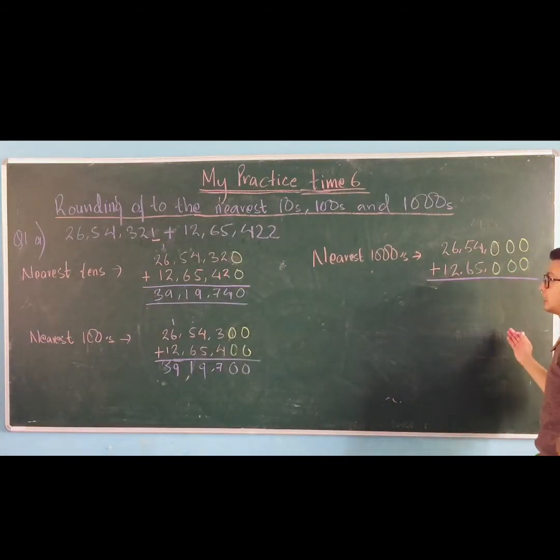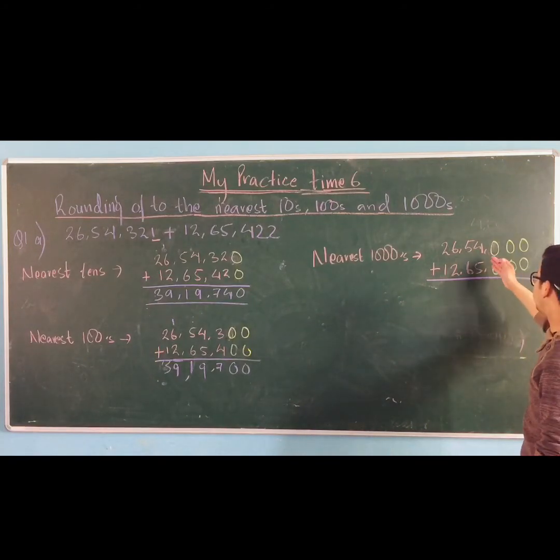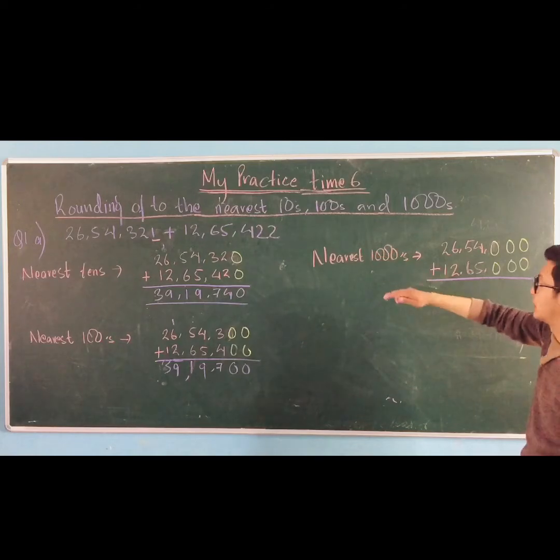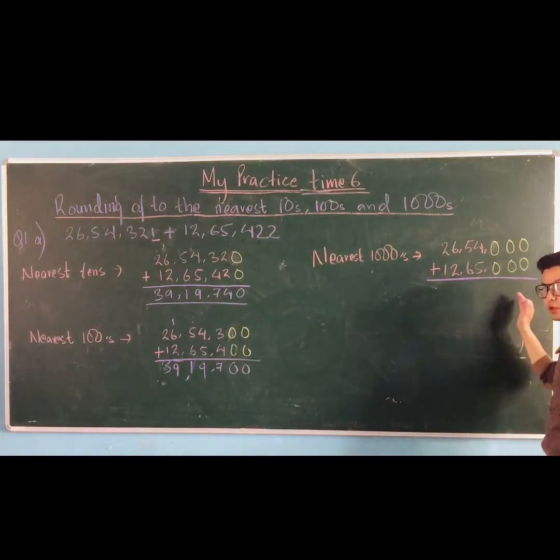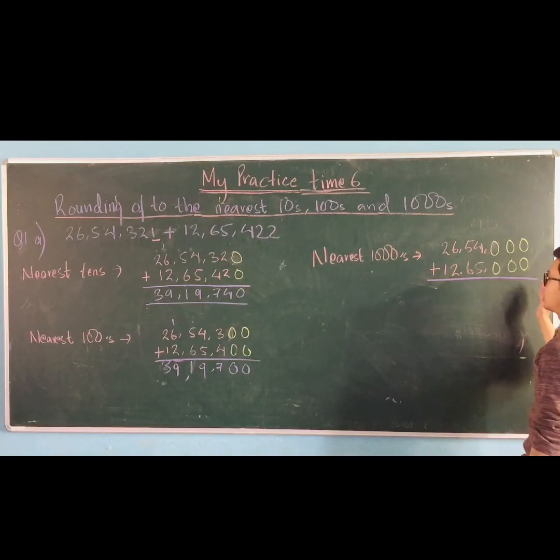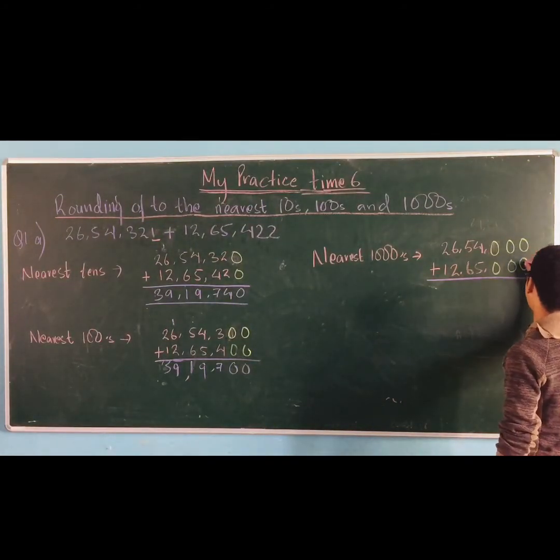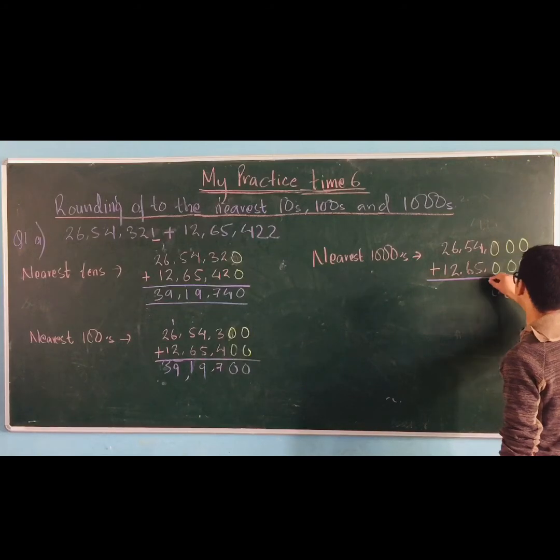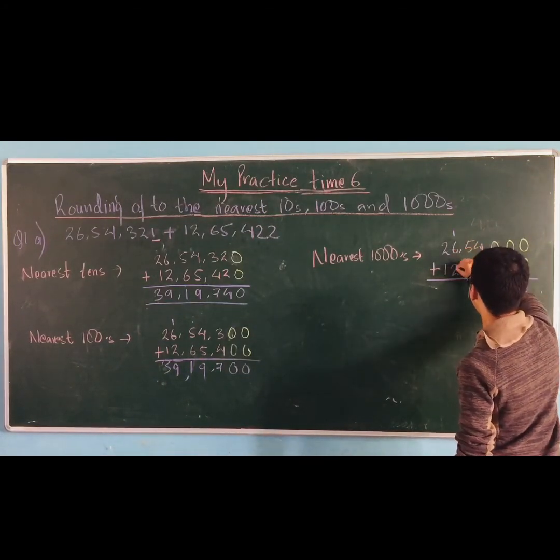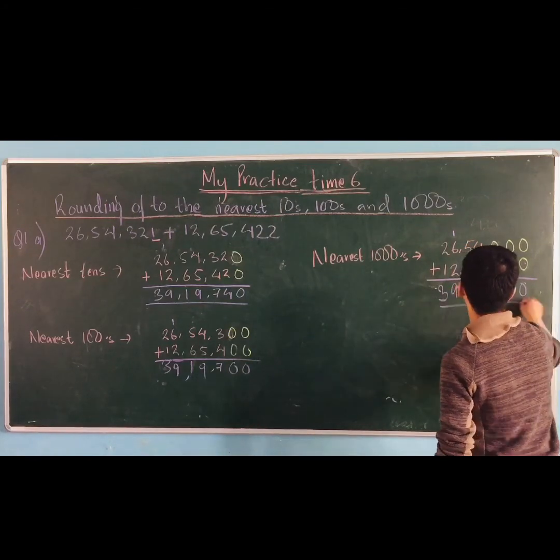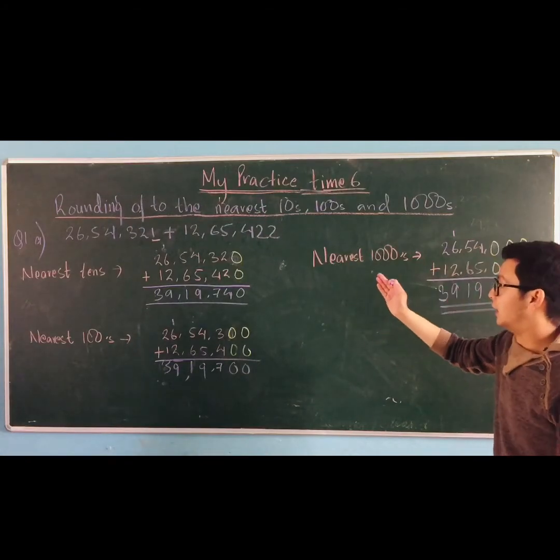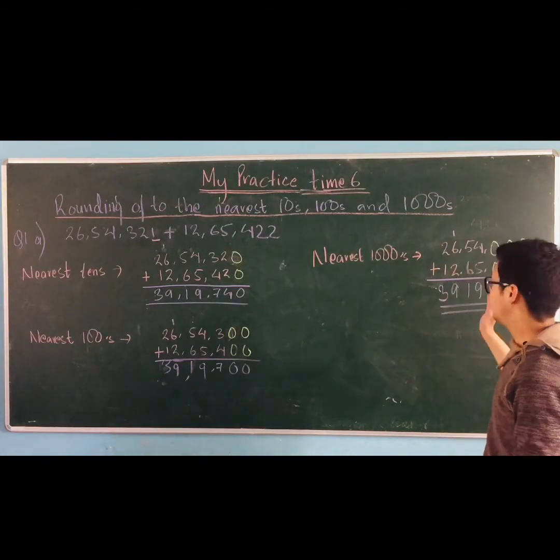So 3 is obviously less than 5, which means it will change into 0, and in this case 4 is less than 5, which will also change the rest of the digits into 0. So you just have to add 0 0 0, 9, 11, 6 7 8 9 and 3. So this is your rounding off of this number to tens, hundreds and thousands.